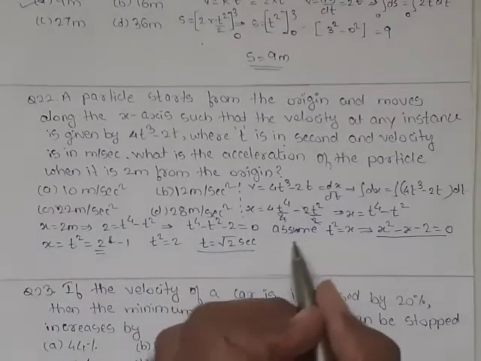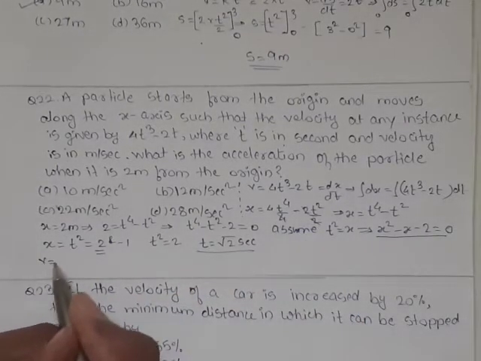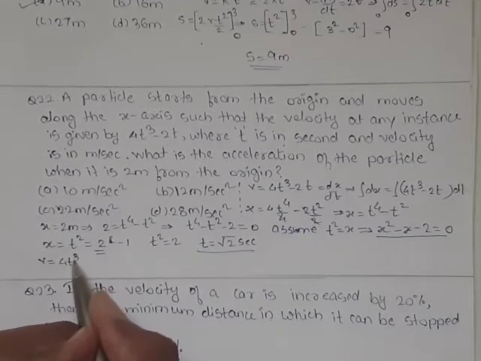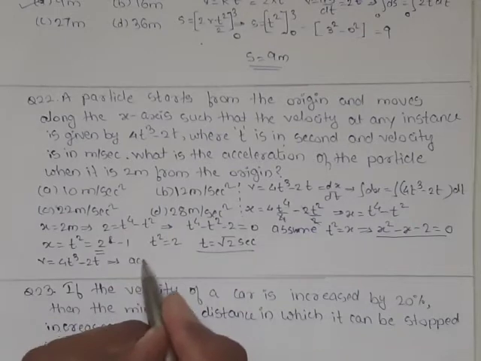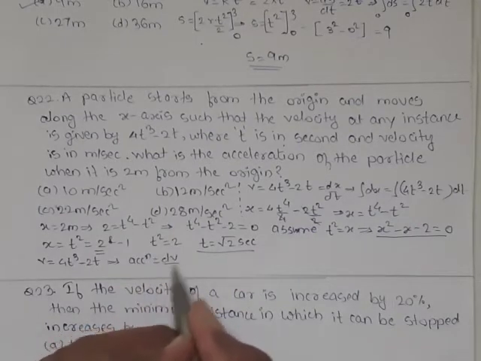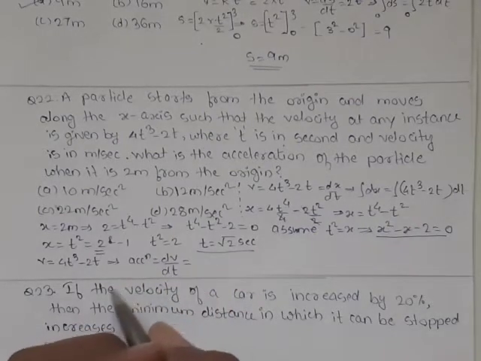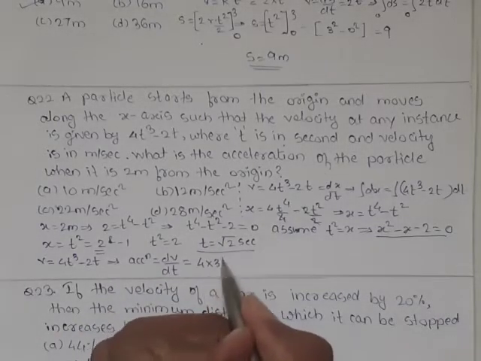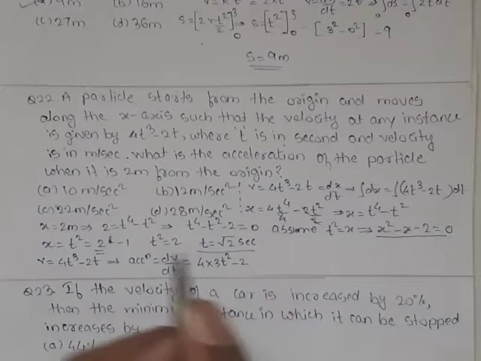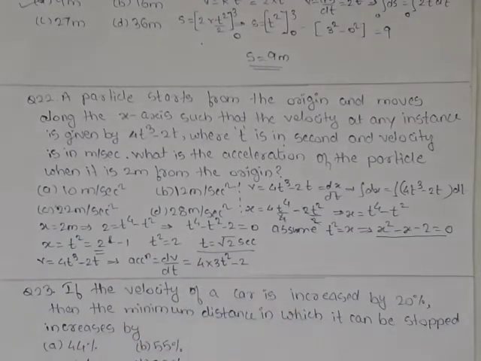Now we know that the equation for velocity is 4t cube minus 2t. If we differentiate with respect to time, we get acceleration. Acceleration is dv by dt, and its differentiation will be 4 into 3 t square minus 2. We'll put the value of t over here.